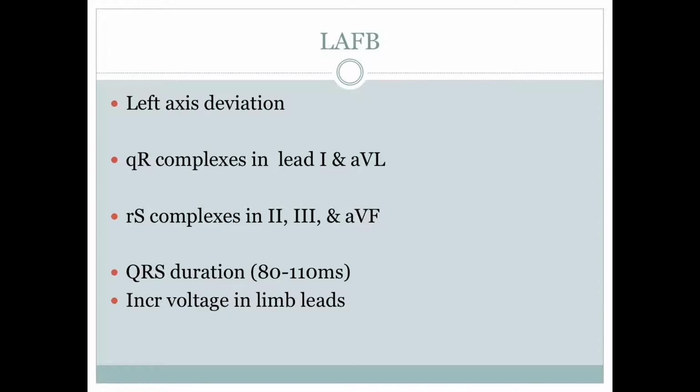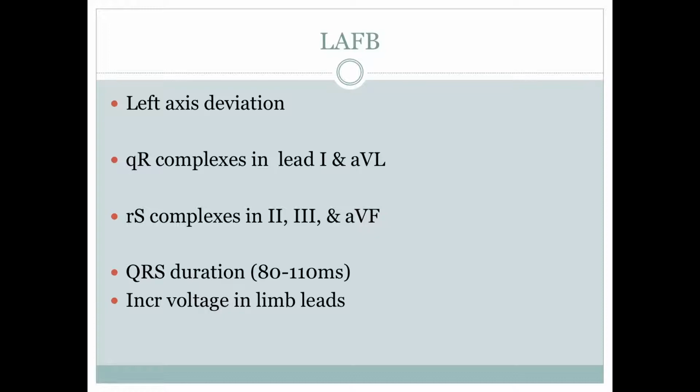And then on top of the criteria in lead 1 and AVL, you have the inferior leads 2, 3, and AVF, where you see a very small R wave and then a pretty deep S wave. And as long as the QRS duration is somewhere between 80 and 110 milliseconds, you can say that there's a left anterior fascicular block.